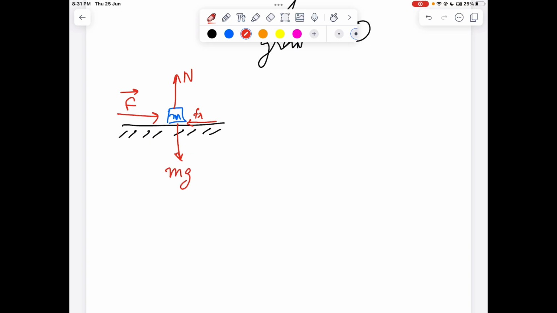So in this case, the work done by the normal force N would be N dot S, where the body has undergone displacement S in this direction.